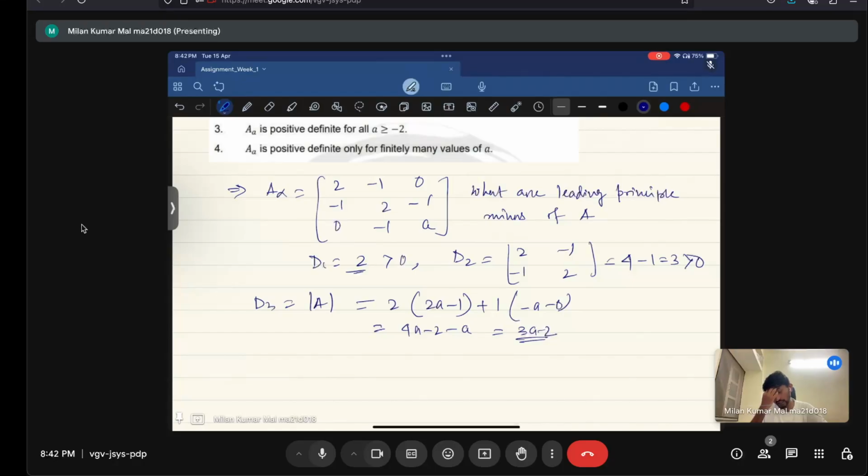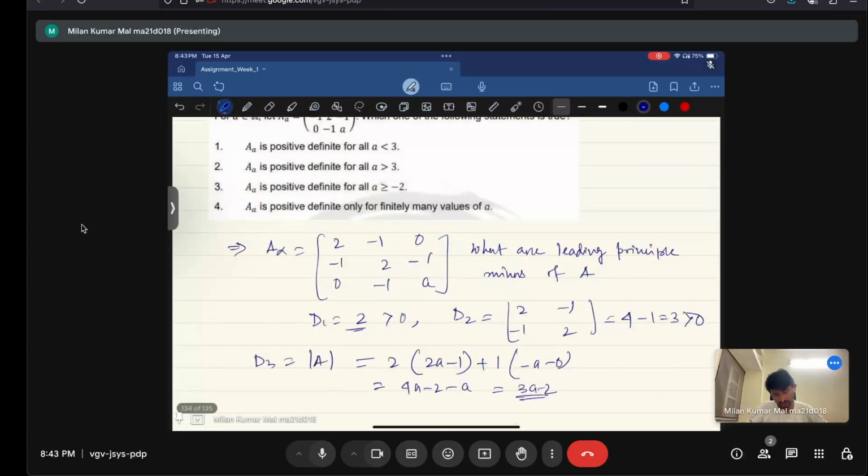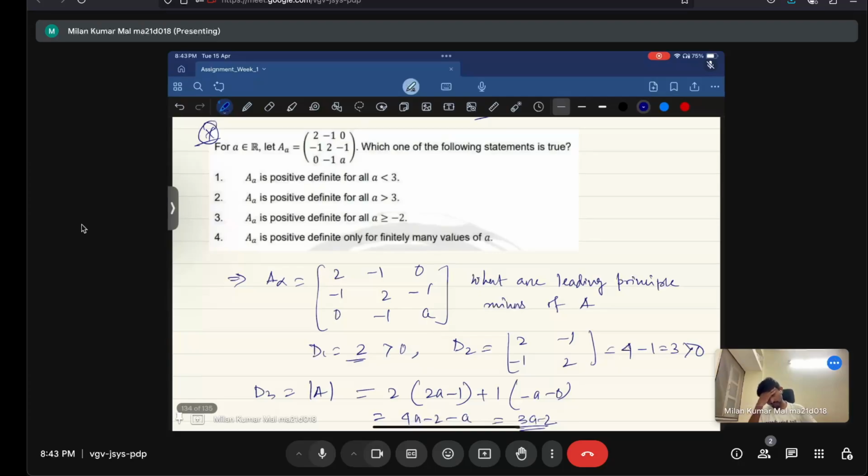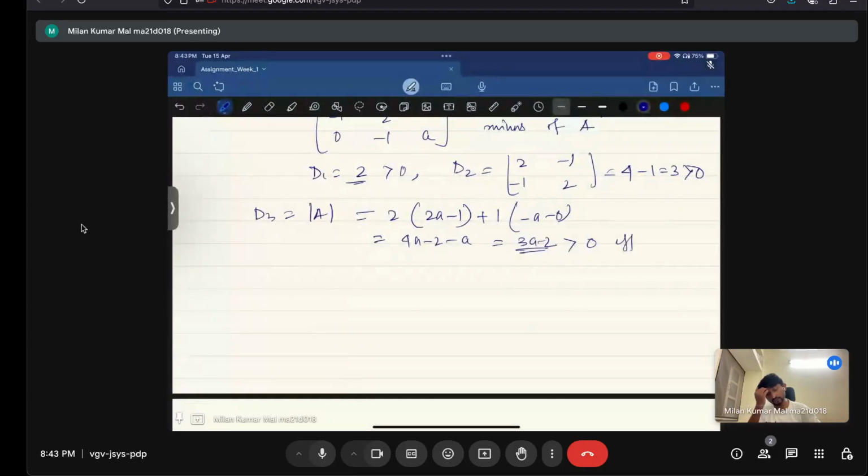Again, am I doing any mistake? That is greater than 0 if and only if a is greater than 2 by 3, and that will hold only for this particular option.